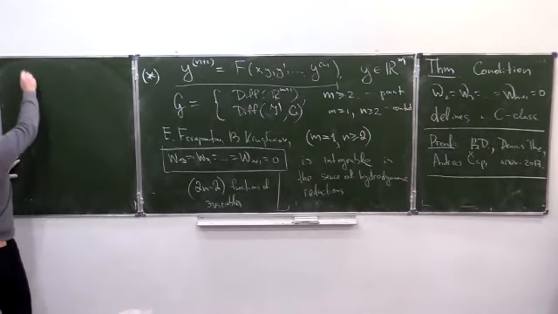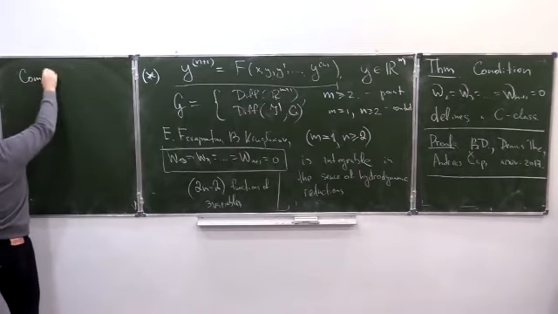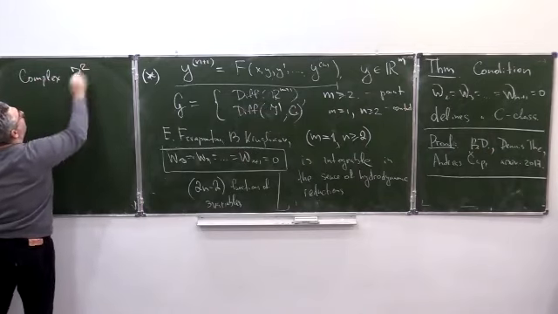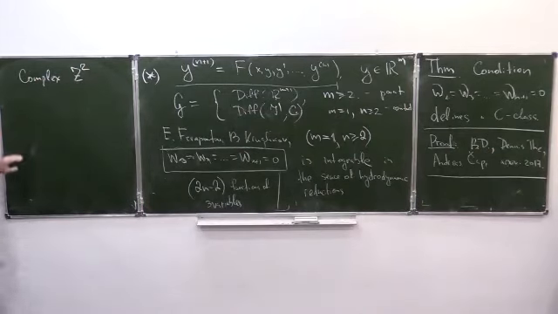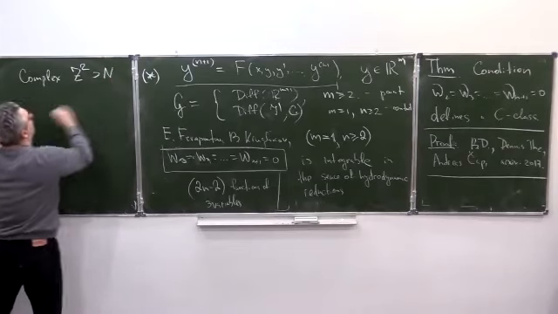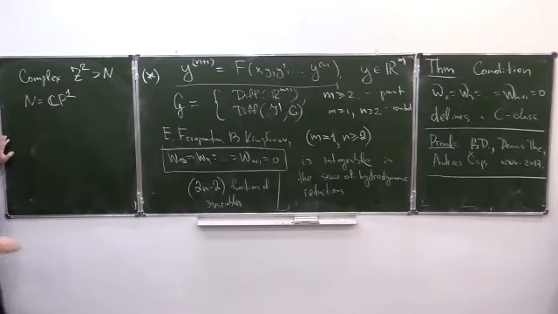So one takes a complex surface Z2 and a rational curve inside Z2. A single rational curve is sufficient.